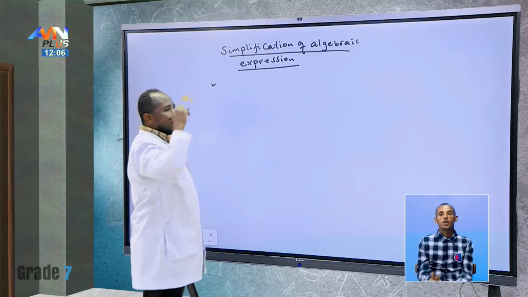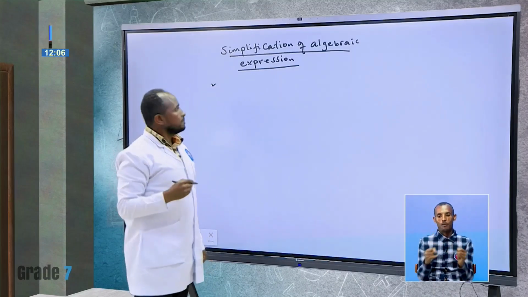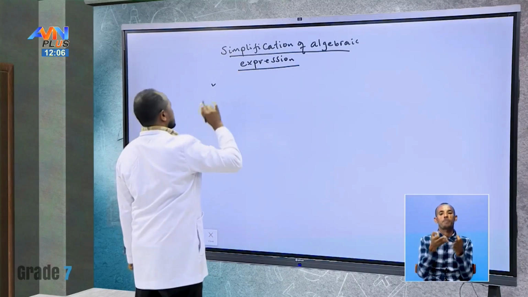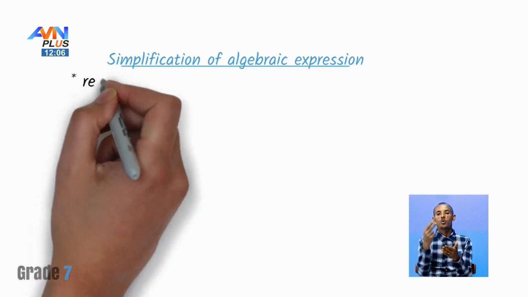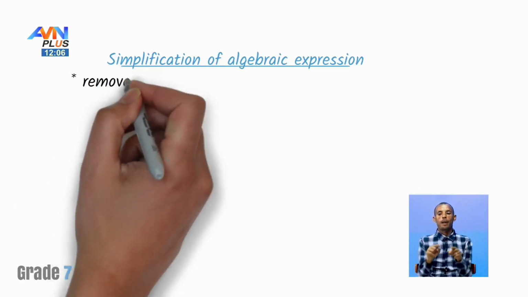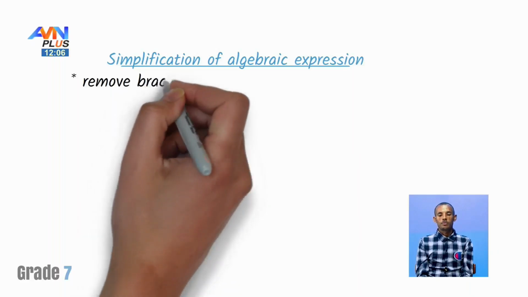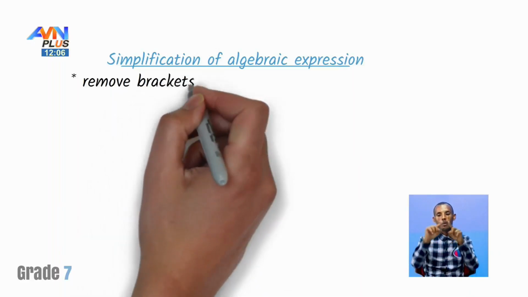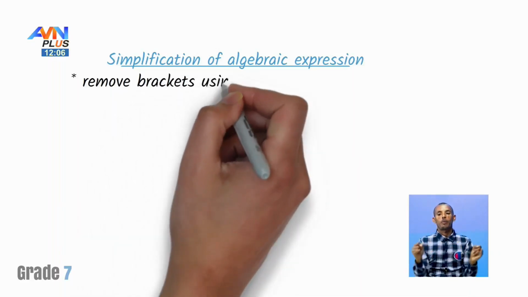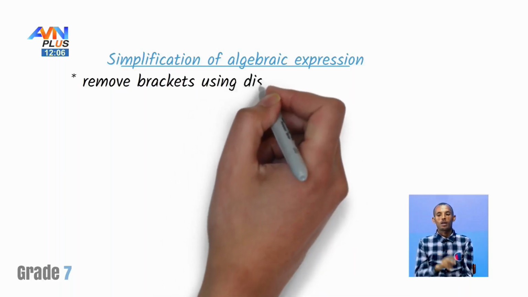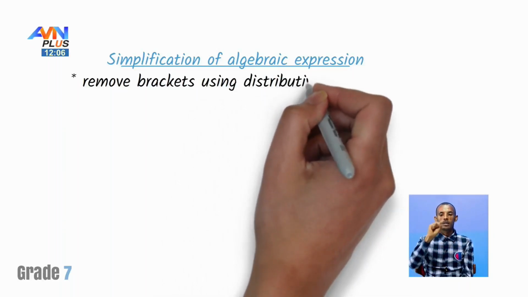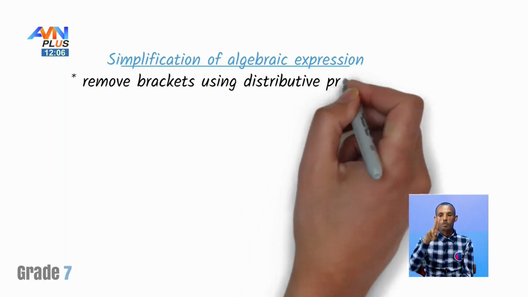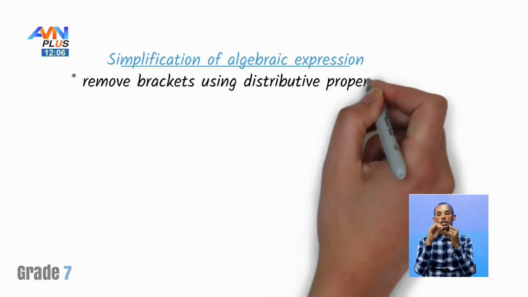When you simplify an algebraic expression, first remove brackets if you have any, using the distributive property.